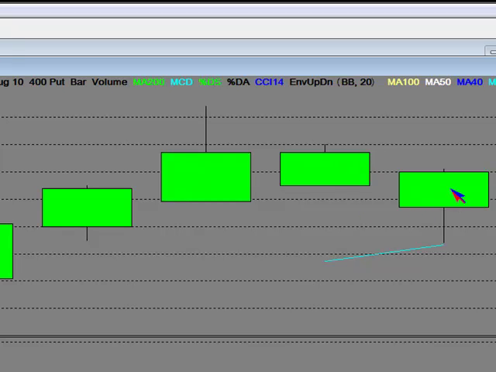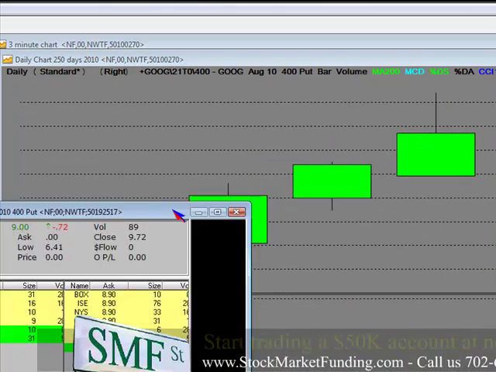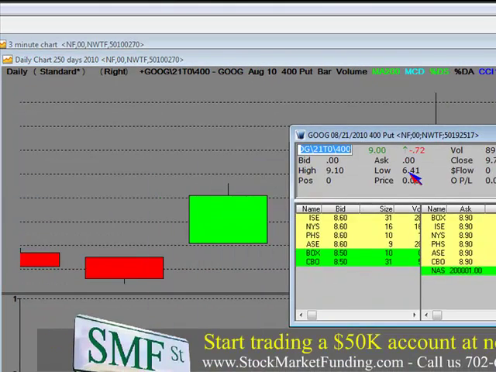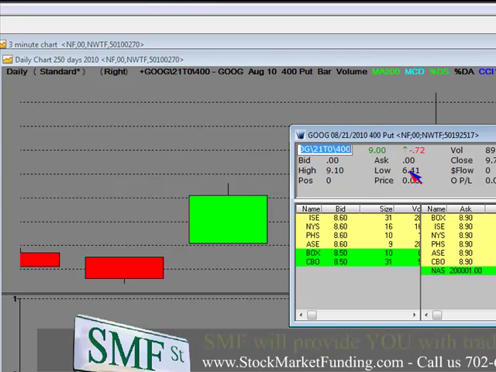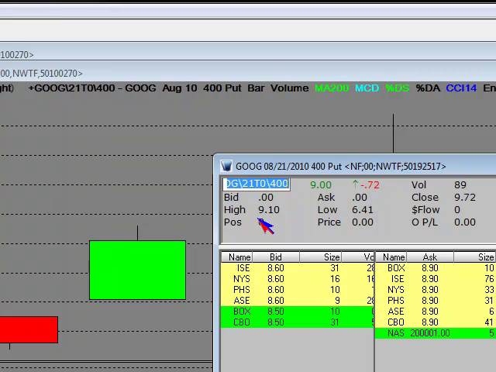And yesterday we put in a low of 6.41, and we naturally had a bump off of the low to 9.110 intraday high with a $9 print.